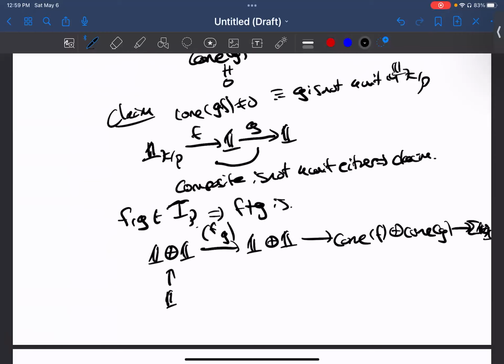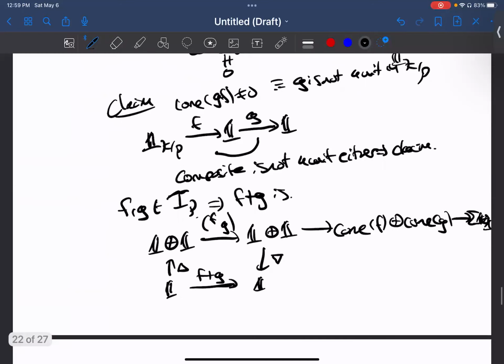And here we have this. This is mapping the diagonal. And if we wanted to take F plus G, then that's this composite here. This is the projection along the diagonal. So this is 1, 1, and this is 1, 1.